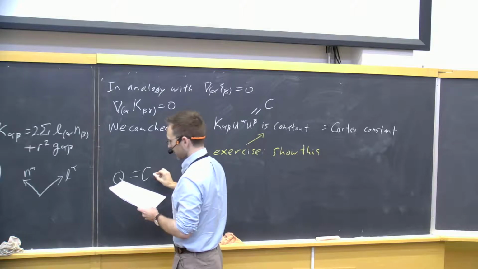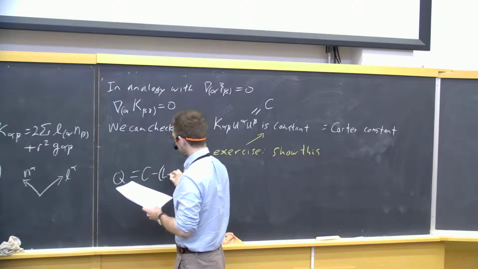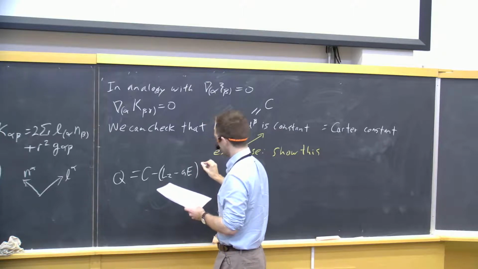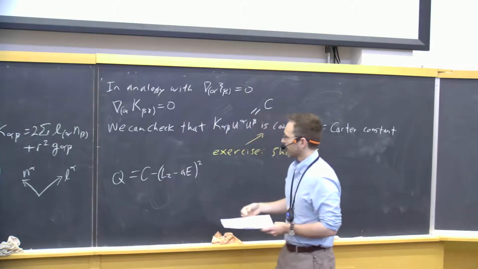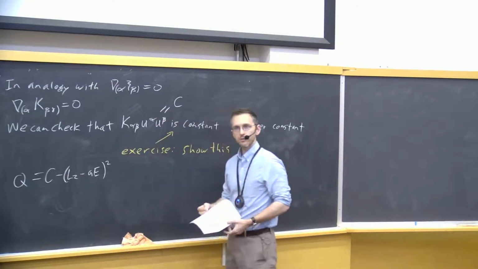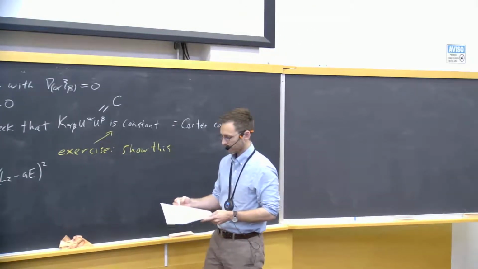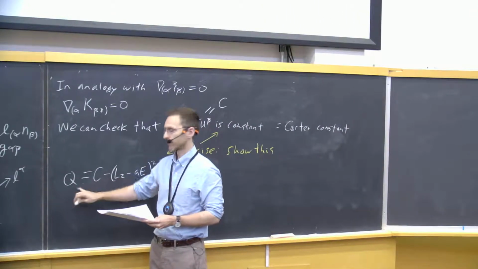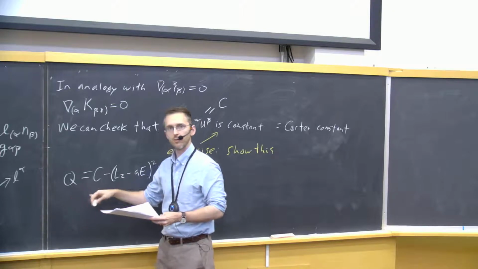There's another quantity, Q, that's K minus (Lz minus aE) all squared. So this is also a constant because K, Lz, and a are all constants. And this constant is also called the Carter constant. They're both called the Carter constant, even though they're two different quantities.